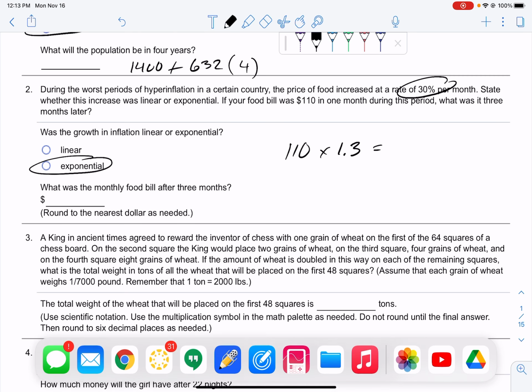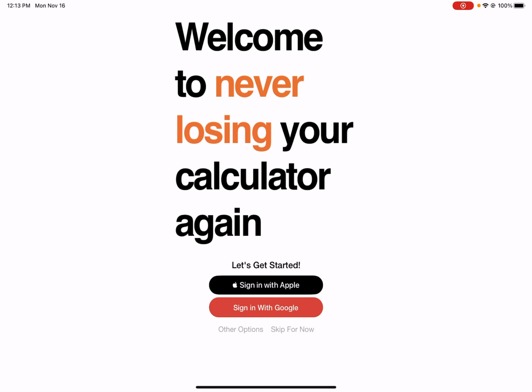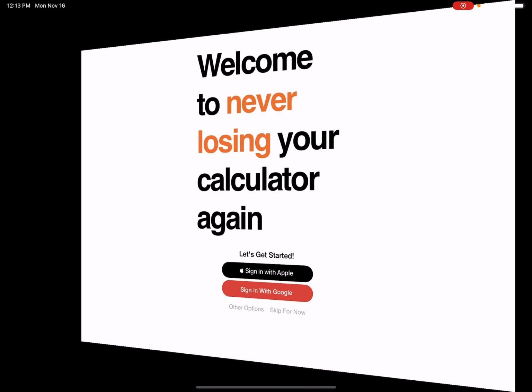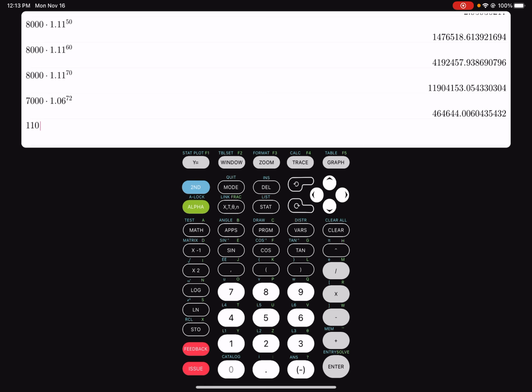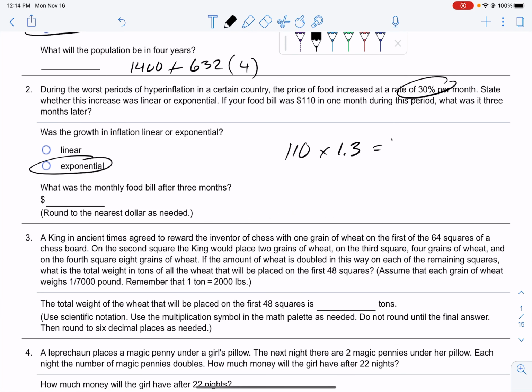And when you get your answer, so if I go 110 times 1.3, that means my new price is $143. But the next month, it goes up another 30%. So I'm going to take 143 and times that by 1.3.